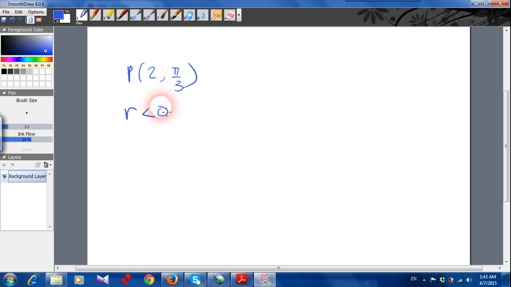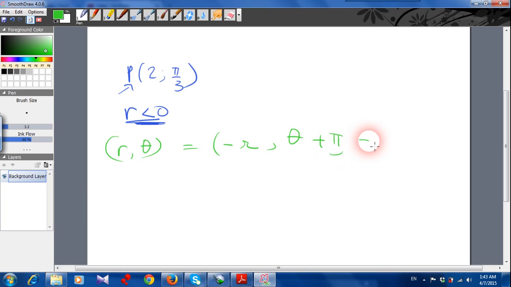How about finding another representation of this point with negative r? We use this formula: theta plus π, plus 2nπ.